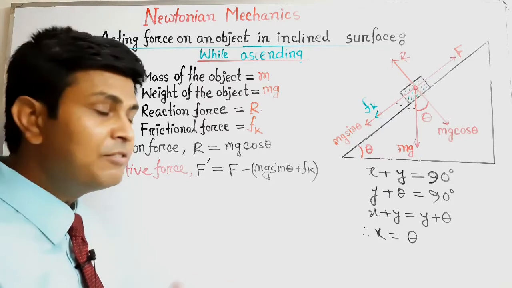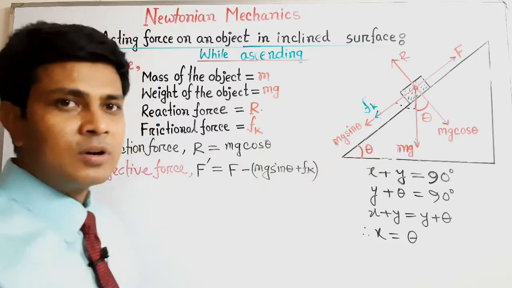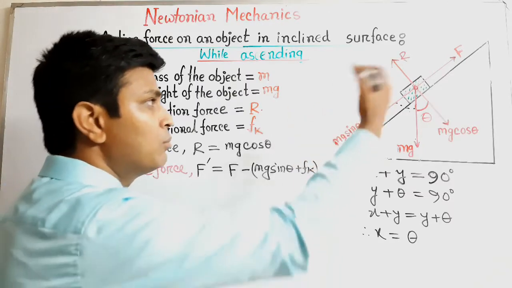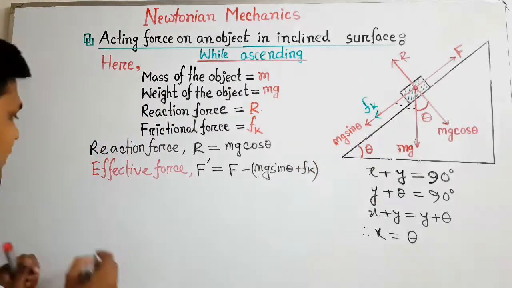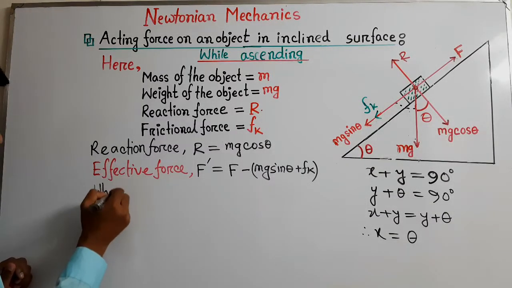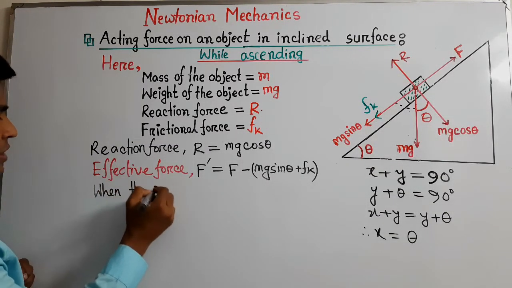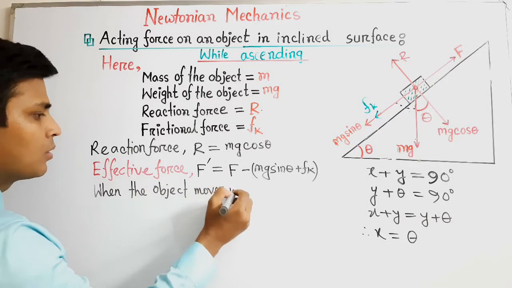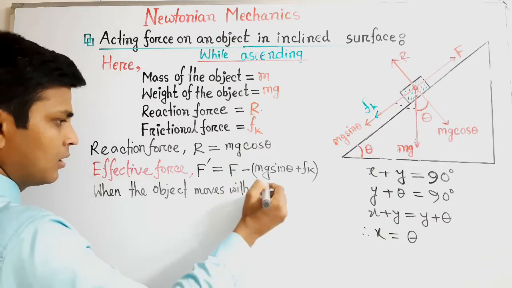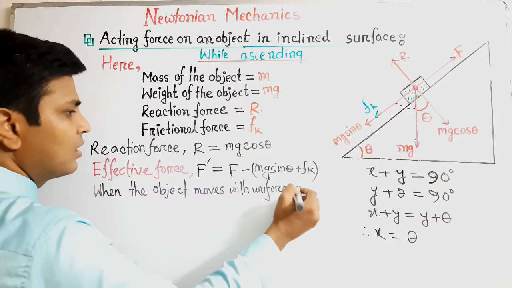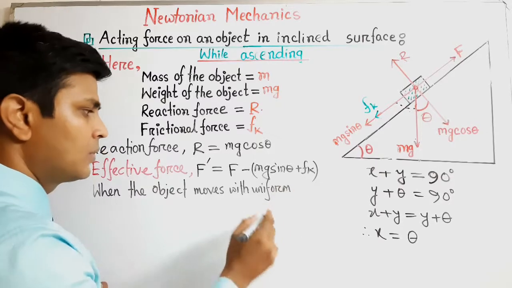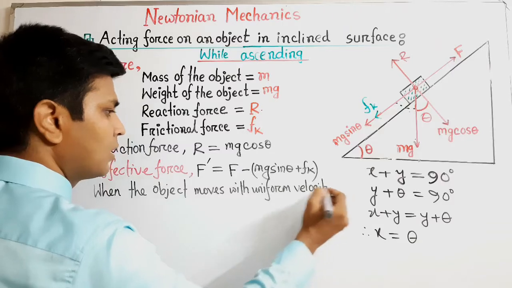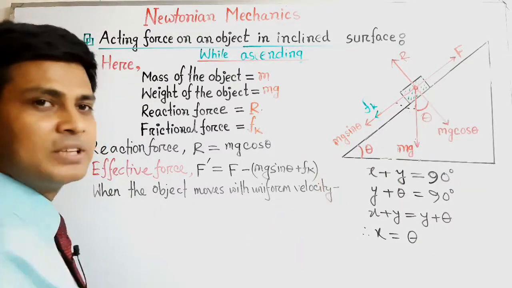So the question is, if there is no acceleration, how does the body move forward? And the answer is, because of the inertia of motion, this body will move forward. Now let's see, when the object moves with uniform velocity, in that time the frictional force Fk will be 0.